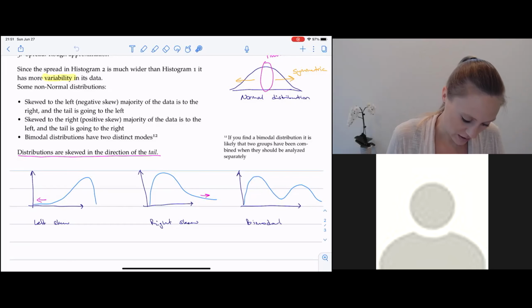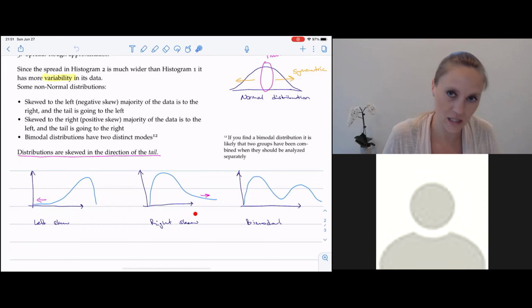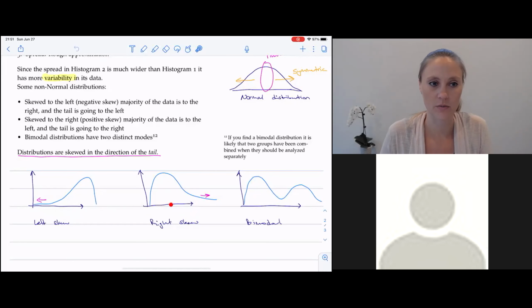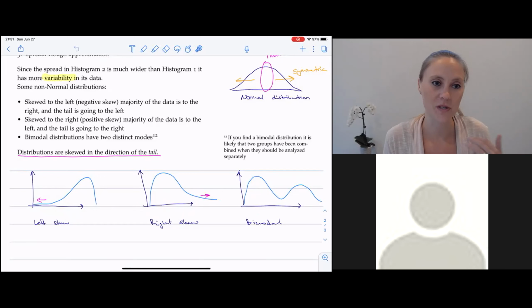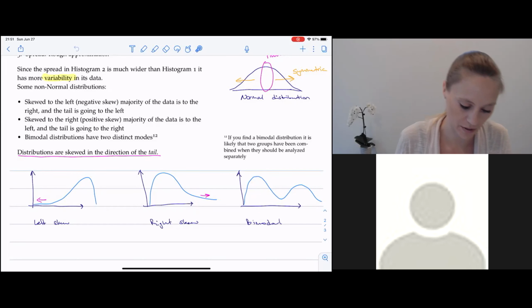We'll come back to the skews, especially the left and right skew. Bimodal we'll kind of leave in the dust. But the left skew and the right skew are going to come into play a little bit later. In terms of describing the distribution, you can either say it's normal or non-normal.